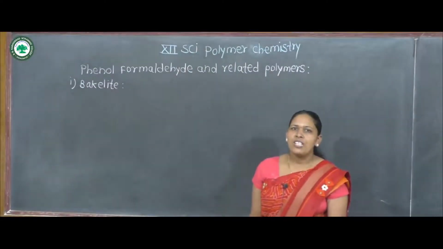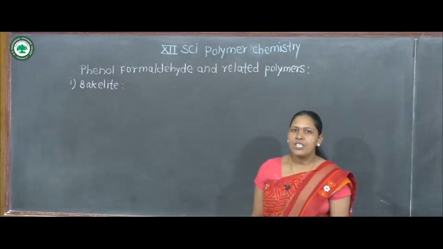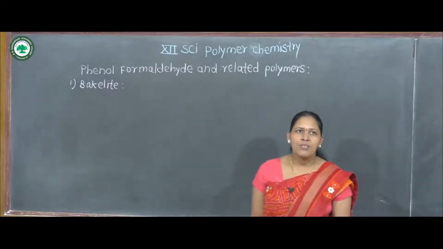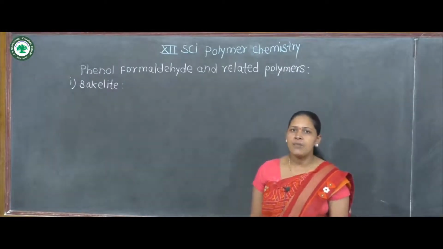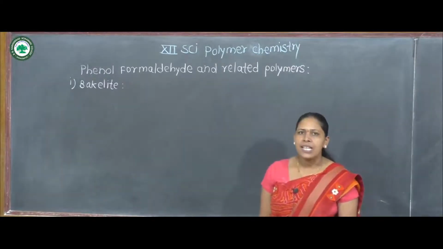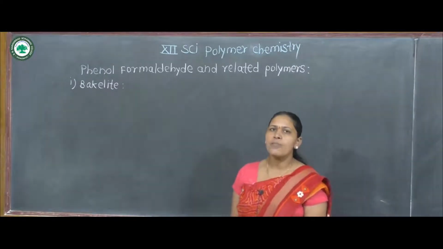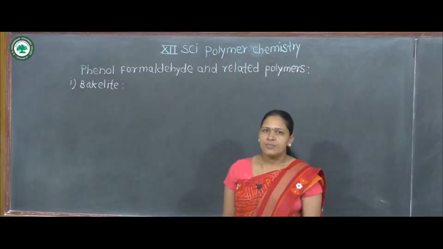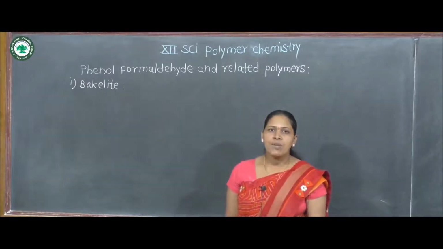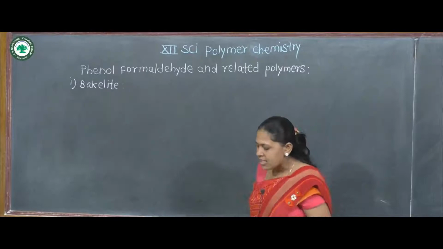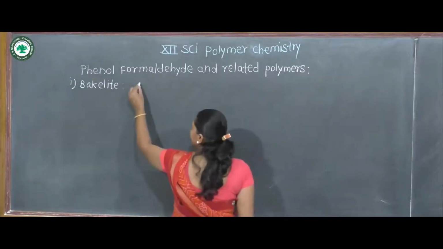Good afternoon, students. In this lecture, we are going to study the next type of polymer, phenol formaldehyde and related polymers. First one is bakelite. Bakelite is a thermosetting polymer. Monomers are phenol and formaldehyde.